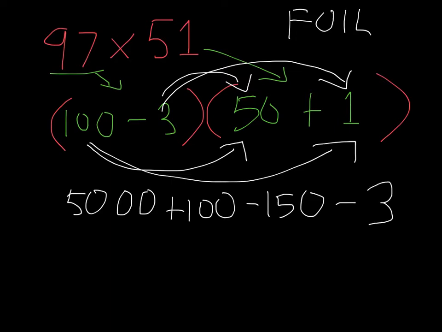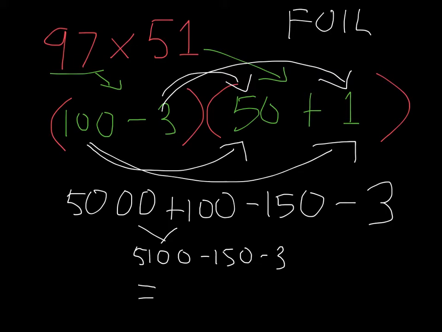If we go and then work that out, 5,000 plus 100 is 5,100. Take away 150. Take away 3. So 5,100 take away 150 is going to be equal to 4,950.